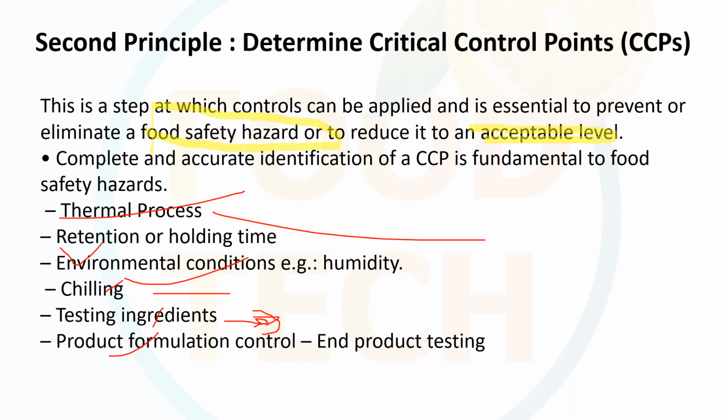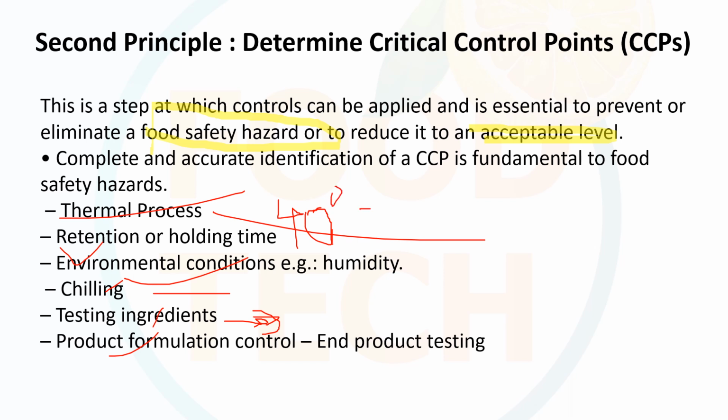And then, which thermal process should be given to a particular product, by which we can avoid burning the product? That is the critical control point. Let us take an example of 40 degrees Celsius.